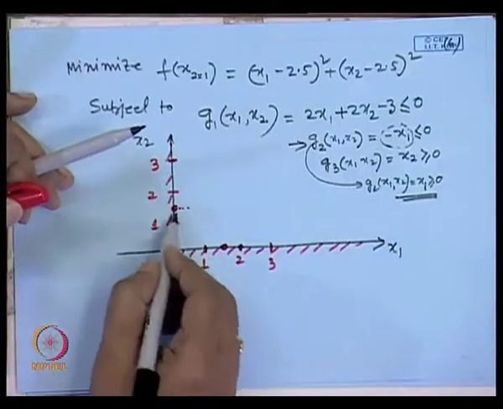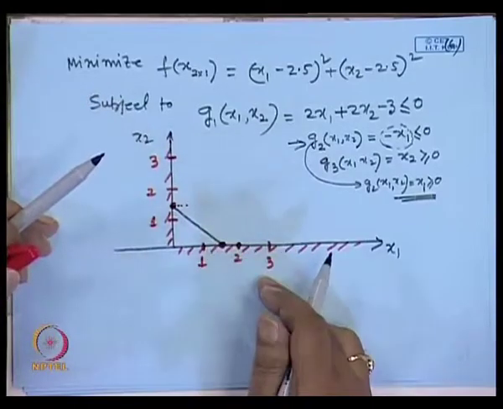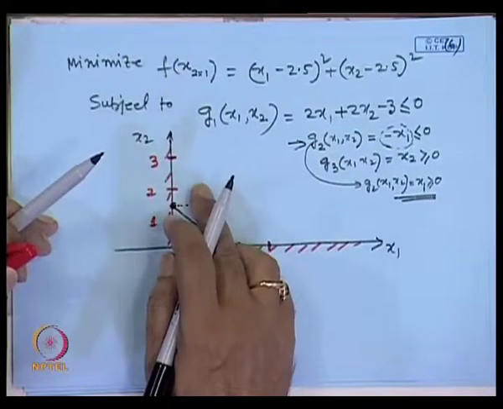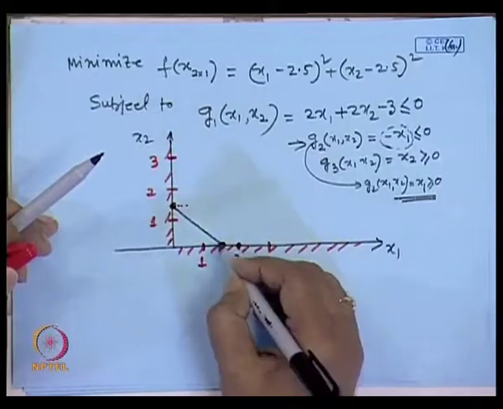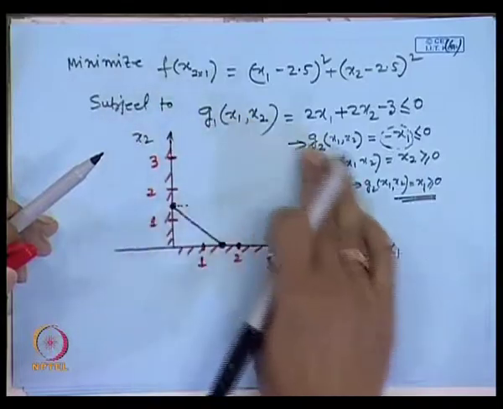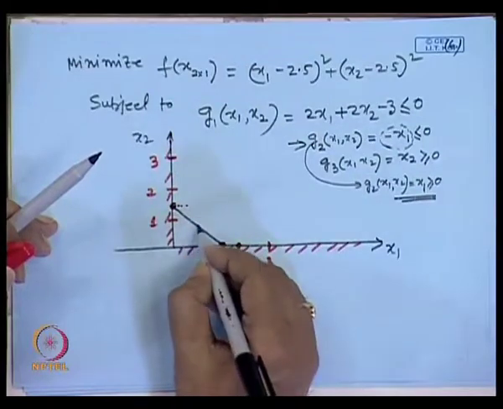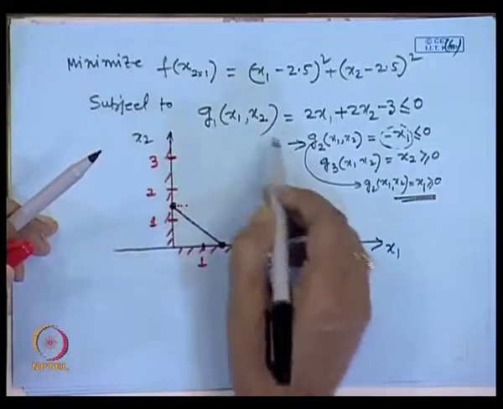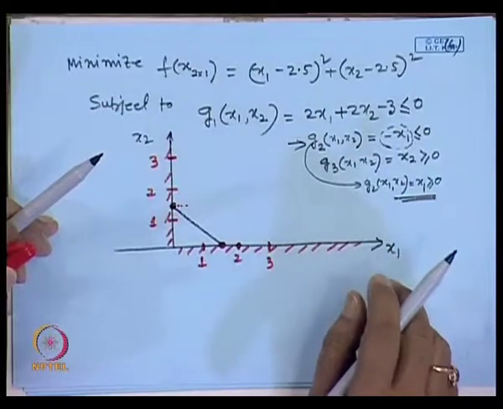So, I can draw this one. I cannot extend it because it is not valid, because x 1 and x 2 values are greater than 0, which means first quadrant. So, you cannot go this way; design space is only the first quadrant. G 1 equal to 0 is any point on the line, but we have given that G 1 is less than equal to 0, agree?